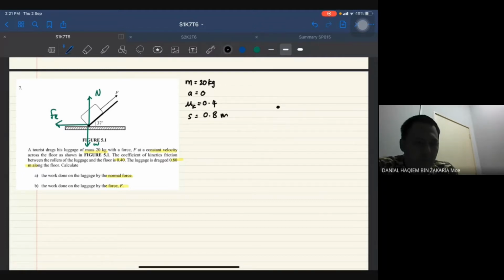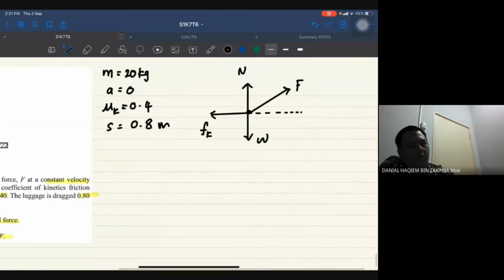So you have force F in that direction, weight, and force Fk. You have the angle over there, which is equal to 37.